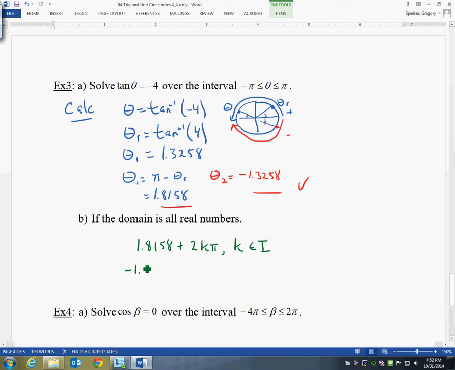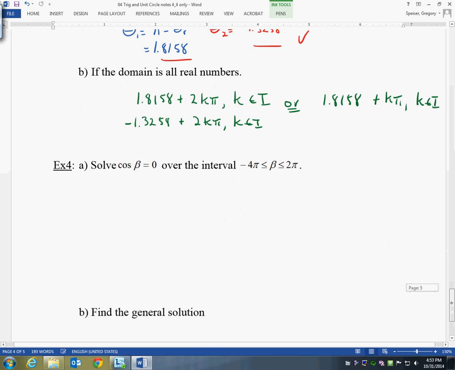I can put down a negative 1.3258 plus 2k pi, where k is a member of all integers. And again, just because both examples that we've done so far in general solution happen to involve tan, and because tan has this, being pi away from each other, we could also more simply write 1.8158 plus k times pi, where k is a set of all integers.